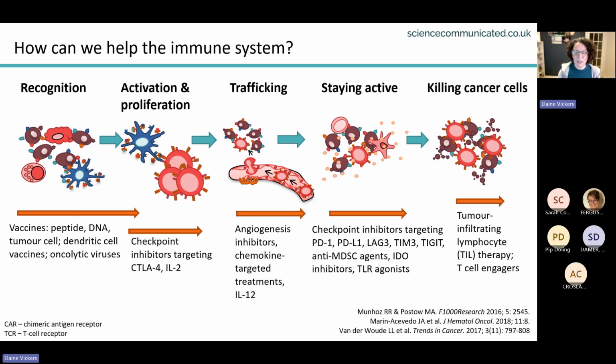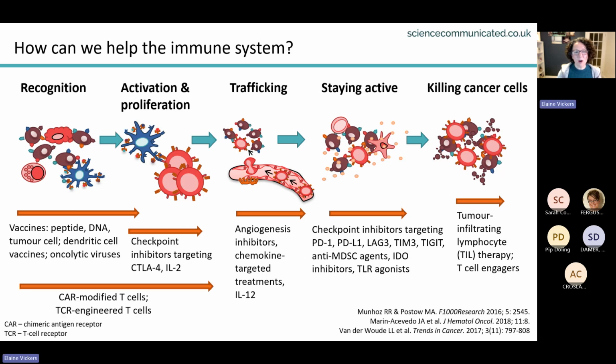So you're redirecting T cells. It doesn't matter what the natural target of the T cells is, you're redirecting the T cells towards a new target on cancer cells. But this does depend on there being some lively T cells in the tumor to begin with, and those don't always exist.